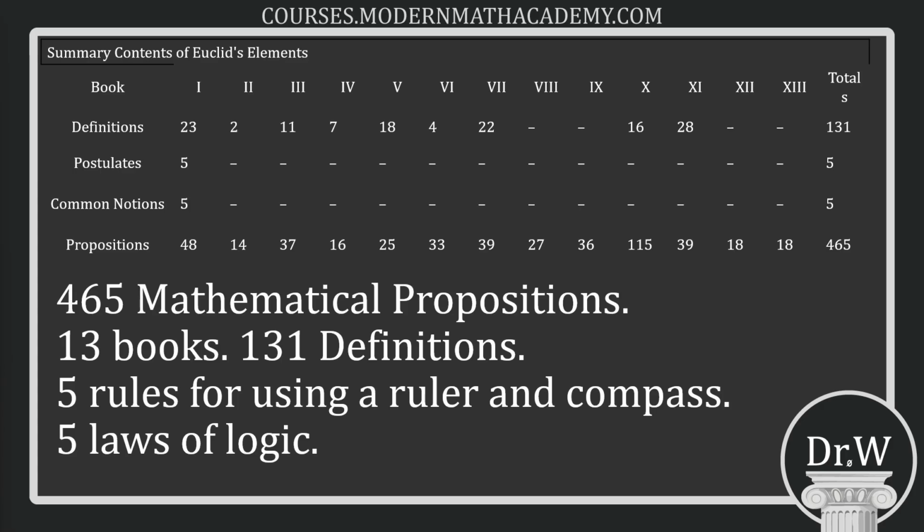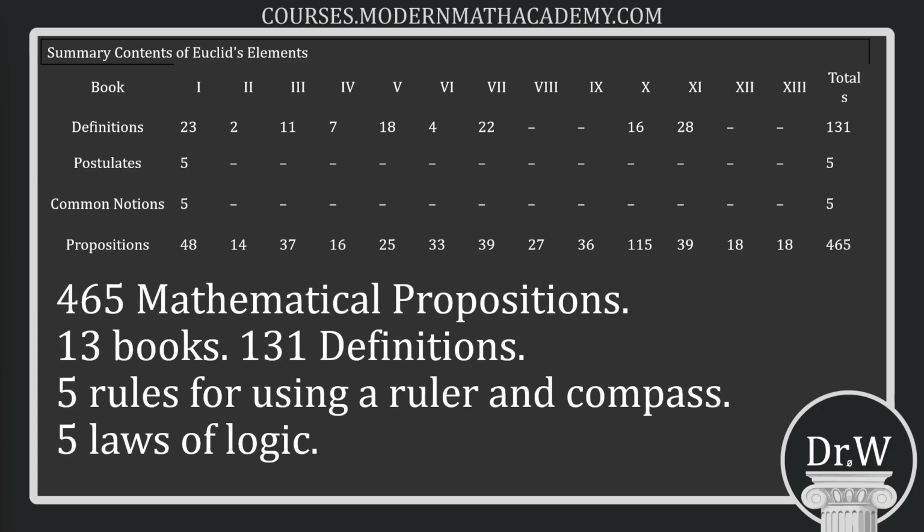There's already here we can see a reductionistic mindset that we're limiting ourselves to only using a ruler and compass. It's actually not a ruler, because a ruler has measurements on it. The proper term would be a straight edge, which has no measurements, although Euclid can provably use a ruler if he wishes. We'll talk about that as we get there.